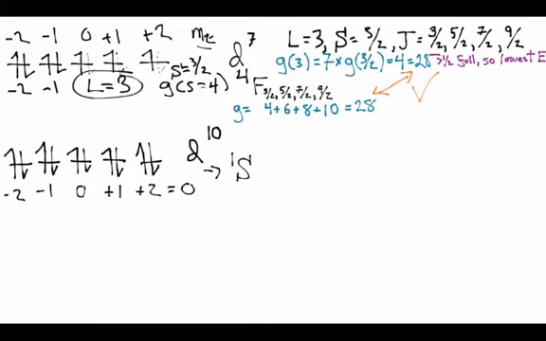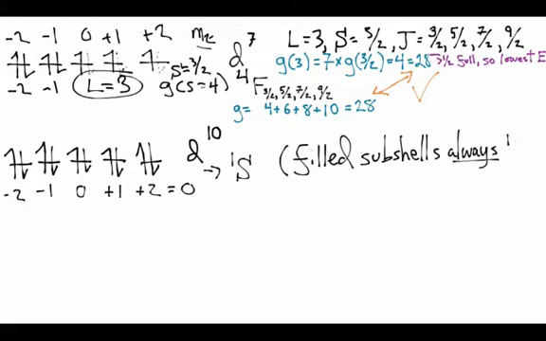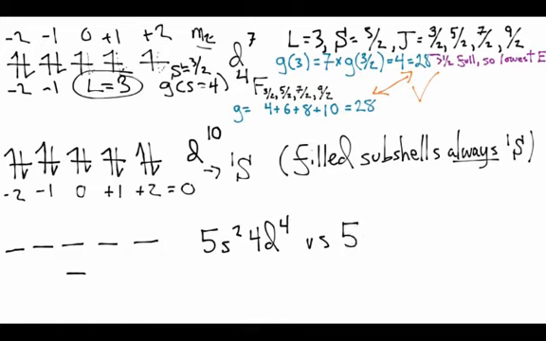Now, as you well know, there are these special cases where Hund's rules don't quite apply. So totally filled subshells, they're always singlet S there. So let's look at the case where we have a 5s2 4d4 versus 5s1 4d5.